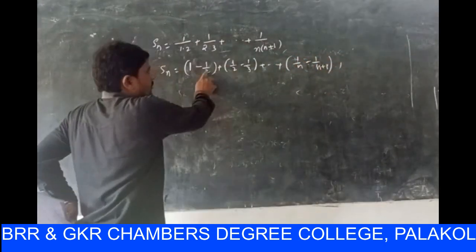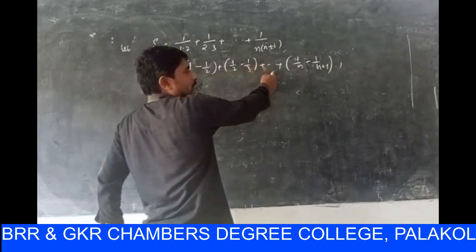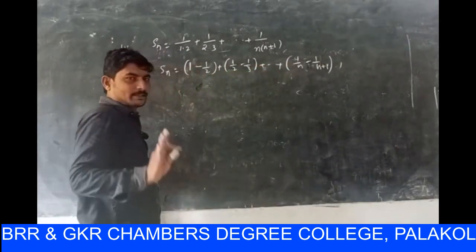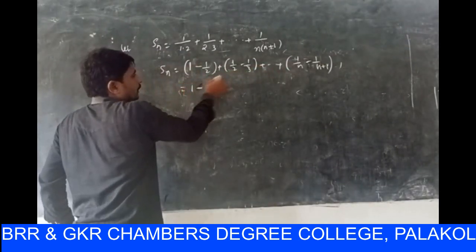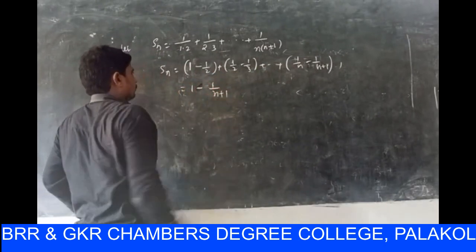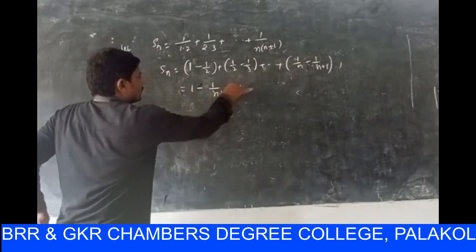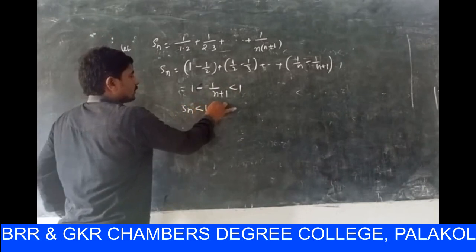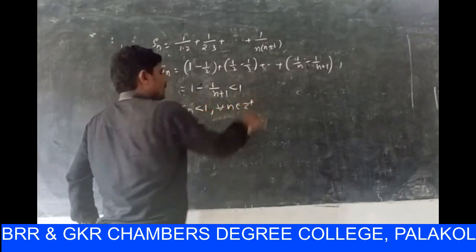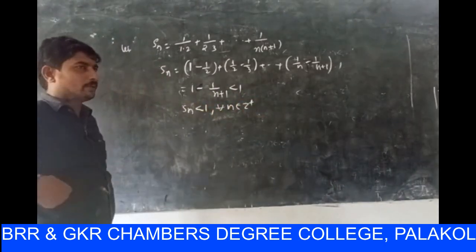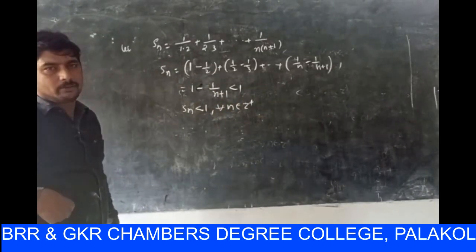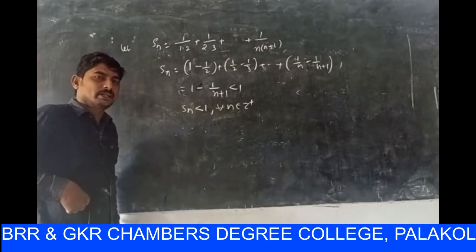See here, minus 1 by 2 plus 1 by 2, minus 1 by 3 plus 1 by 3. All the terms will be cancelled except two terms. Those terms are 1 minus 1 by n plus 1. That is less than 1, so Sn is less than 1 for all n belongs to Z plus. So it is bounded above. The sequence is increasing and bounded above. We say that this is a convergent sequence.